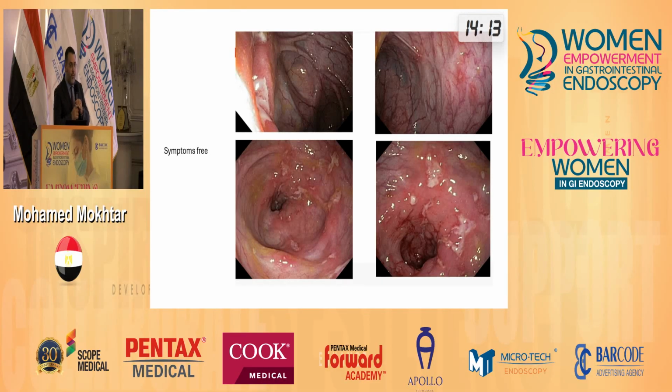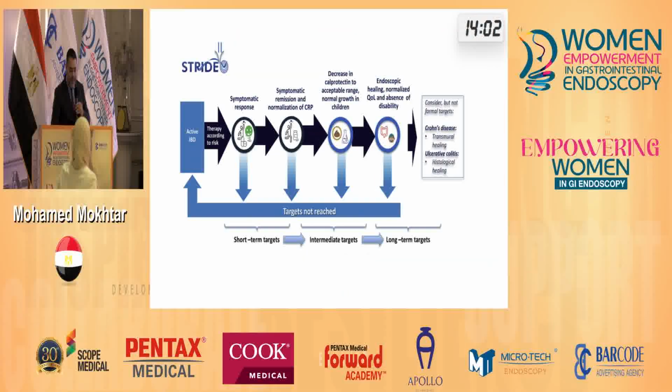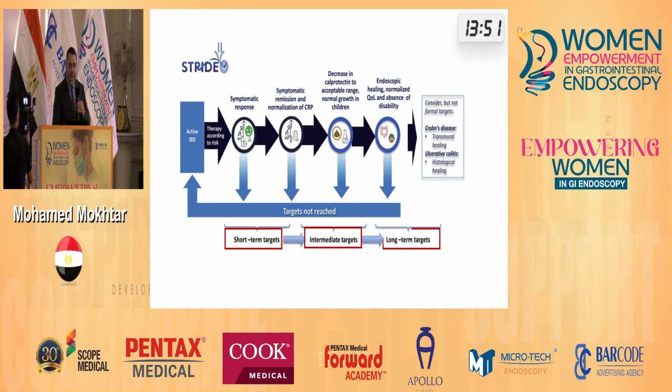I think we have all faced this situation before. We have a patient who is symptom-free, in clinical remission, but when you do endoscopy, you find this lesion. The STRIDE 2 trial changed the plan: you have a short-term target, an intermediate target, and a long-term target, and the long-term target concerns achieving endoscopic and mucosal healing.